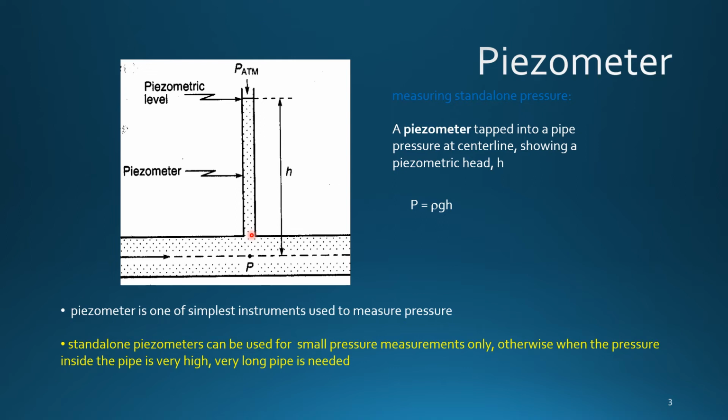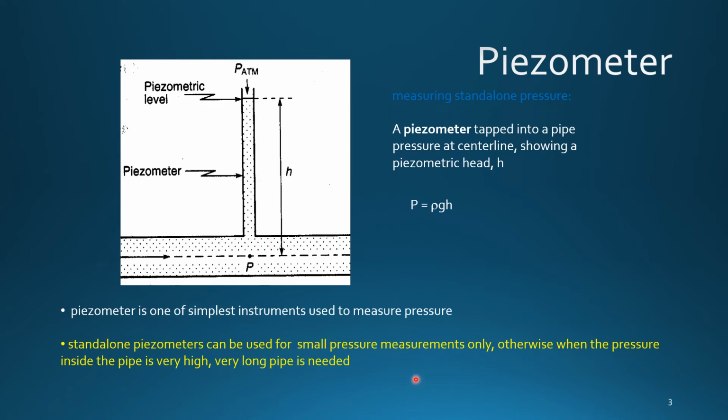I mean not at the customer's node, but at different locations within the pipe system, you can go up to 80 meters of pressure. So even if you have 20 meters of pressure, which is the minimum recommended pressure from the councils, that means you need to have at least a 20 meter vertical pipe, and that is quite difficult, right? To measure the pressure, you need a 20 meter vertical pipe.